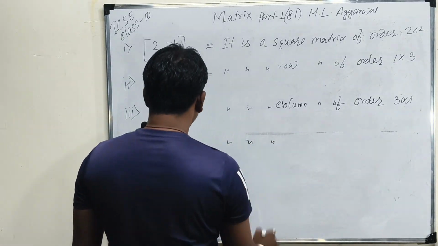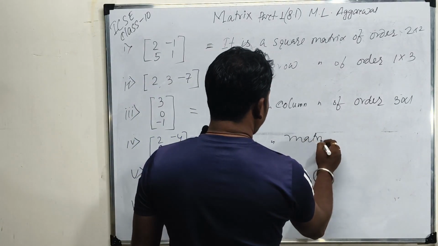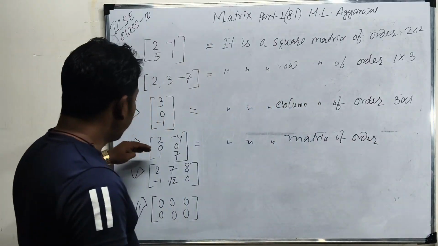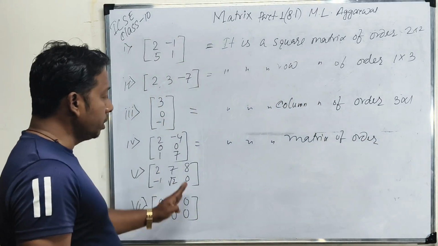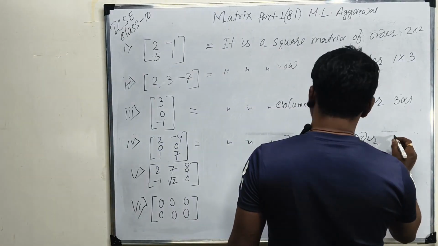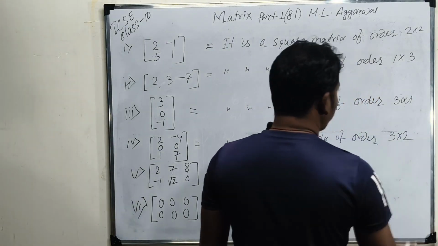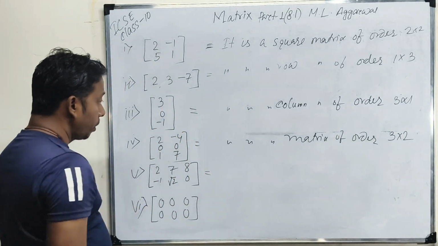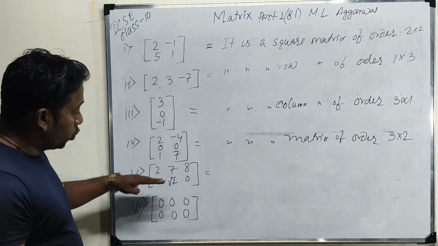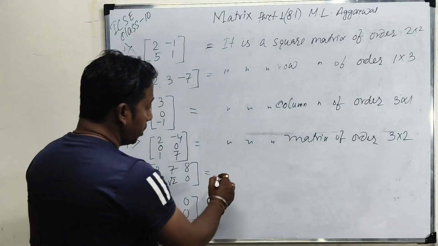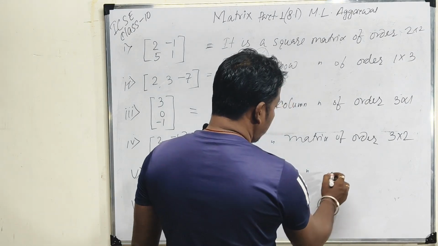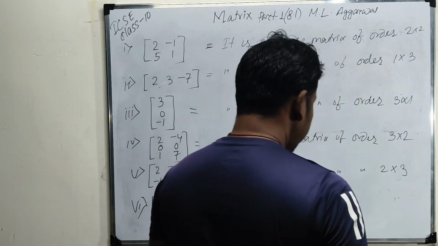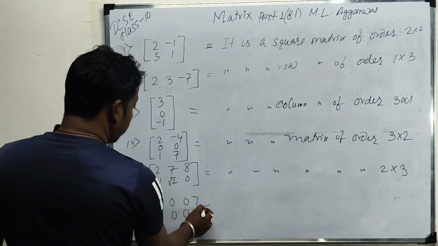Then a matrix of order, here the number of rows is 3 and the number of columns is 2, that is 3 into 2. Here the number of rows is 2 and the number of columns is 3, that is, it is a matrix of order 2 into 3.